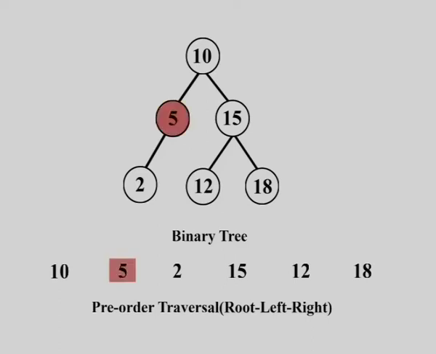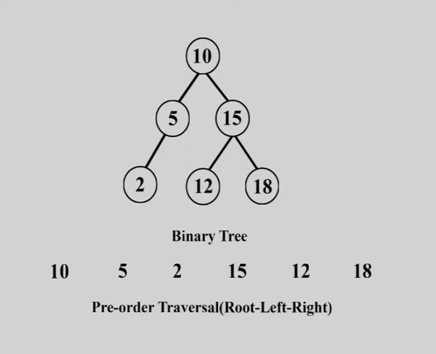Here, root of left subtree 5 is visited, and then root of left subtree of 5, which is node 2, is visited. As the node 2 has no left child, so the right child of 2 is checked. As the right child of 2 is also not present, it means left subtree of node 5 has been traversed.